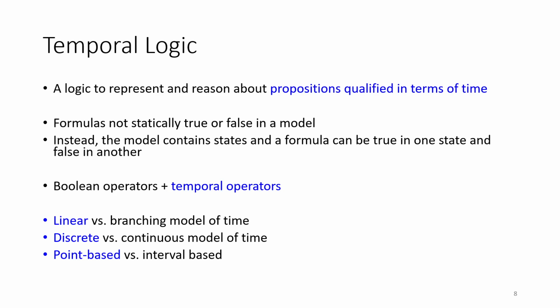Which means that these formulas are not really just statically true or false in some model. And we will see exactly what this means to evaluate a formula on a model. But now models will actually contain states that represent some kind of flow of time. And a formula, like a propositional logic formula, could now be true in one state and then false in another state. And that's fine for this logic.